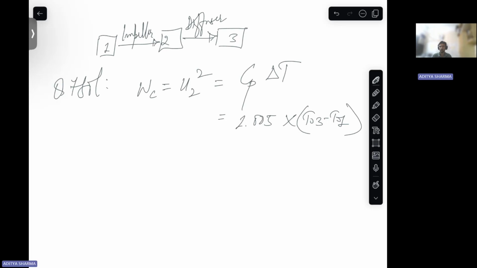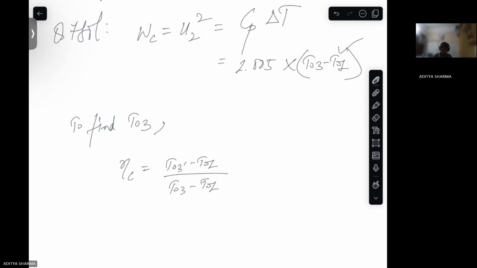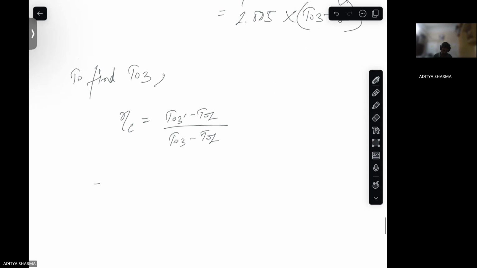To find T naught 3, we will use this. From here, you can get T naught 3.